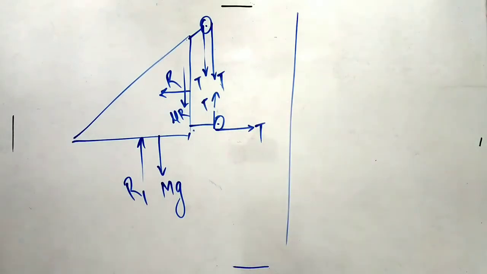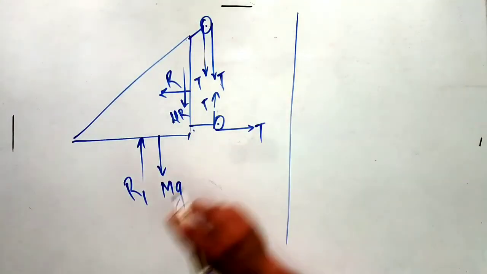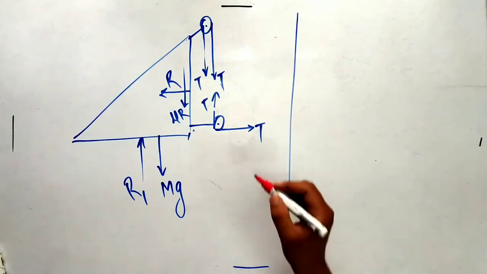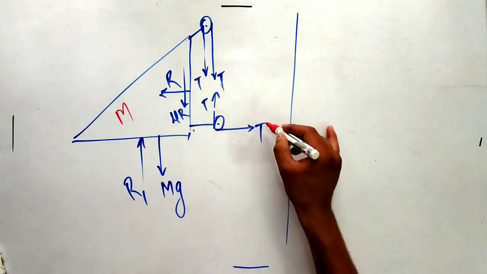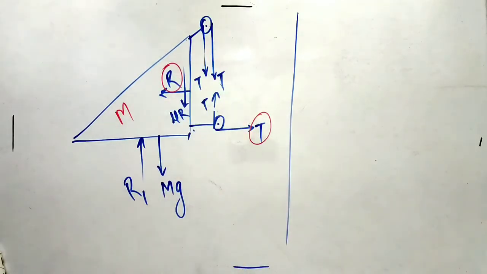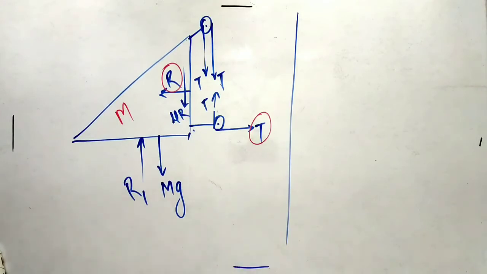We will write the equations for this wedge. Keep in mind, the only forces responsible for the motion of the capital M wedge are these 2 forces. Rest of it are not relevant for the motion.